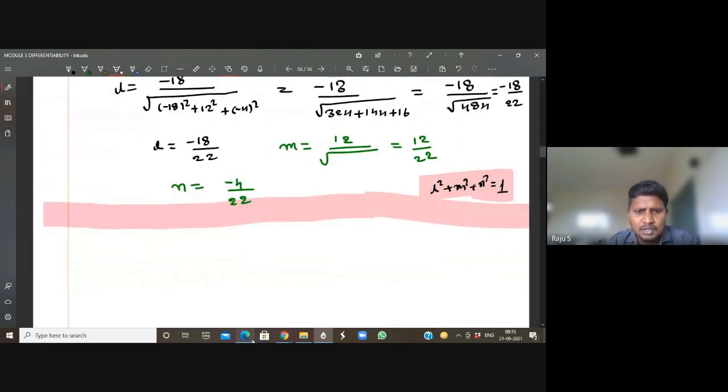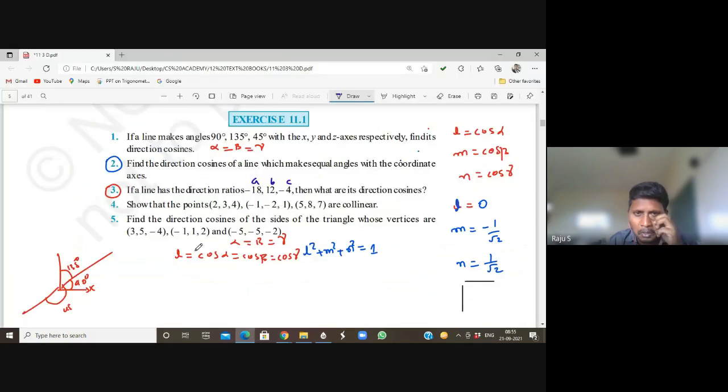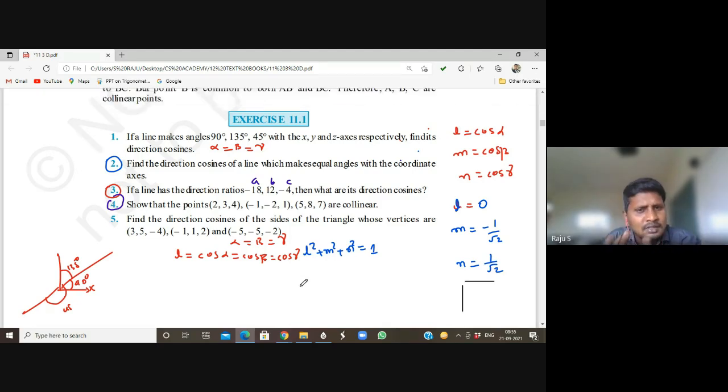Okay. Coming to the next question. See here, show that the points 2, 3, 4 and -1, -2, 1 and 5, 8, 7 are collinear. So how can we check that these 3 points are collinear?